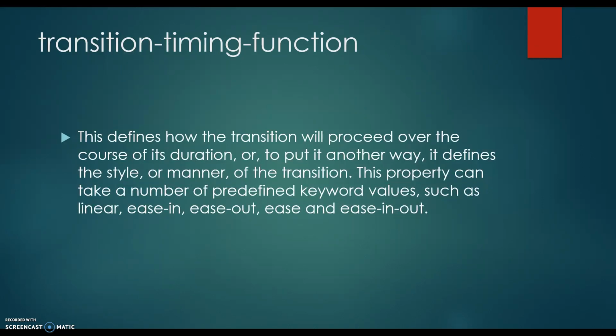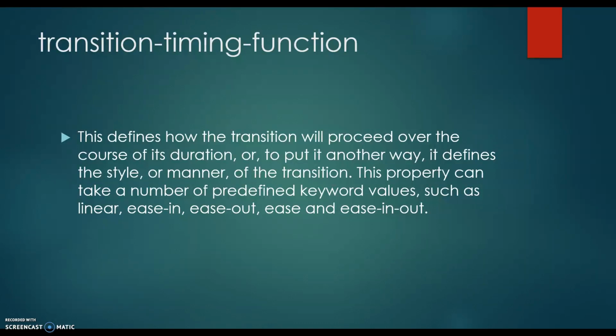The transition timing function. This defines how the transition will proceed over the course of its duration. Or to put it another way, it defines the style or manner of the transition. It can take a number of predefined keyword values such as linear, which is a constant speed. Ease in, it starts slowly and speeds up at the end.